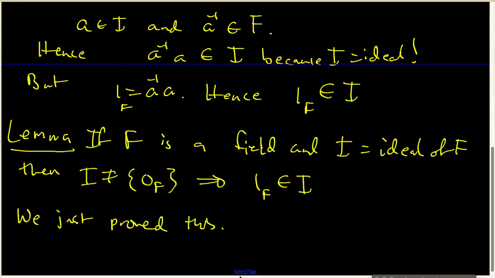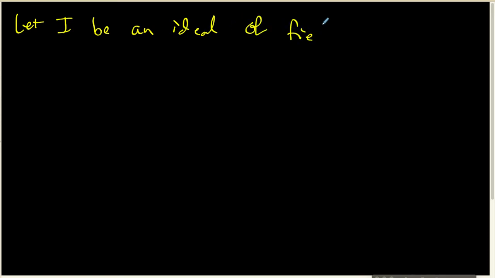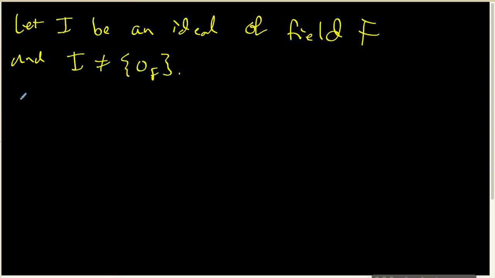Well, what I now want to do is turn my attention to why this lemma is important. So let's continue investigating what's going on in this situation. In other words, let's let I be an ideal of field F, and I is going to be known to not be equal to the zero ideal.